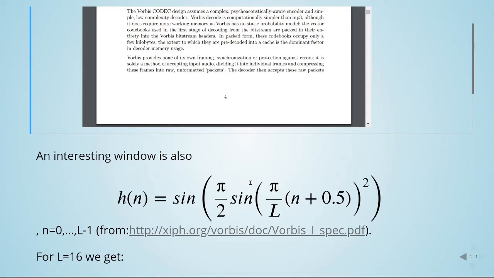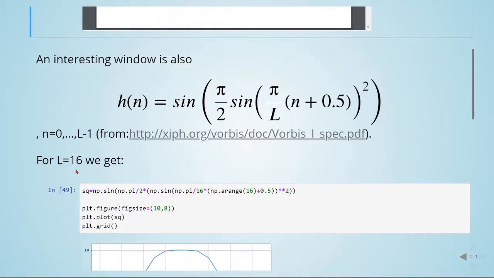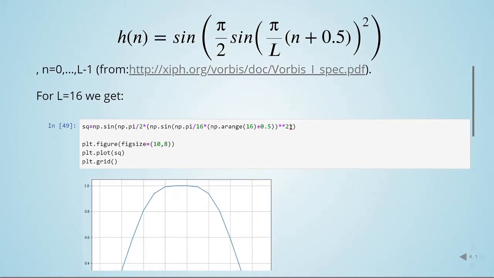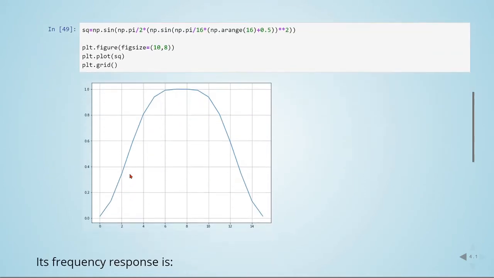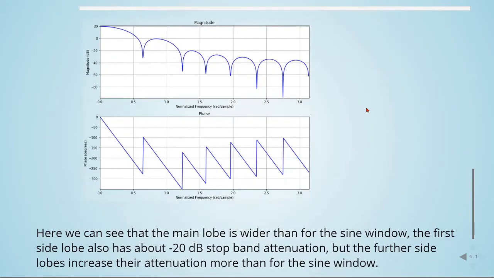So we have this squared sine, and for L equals 16, an example with even length for the window, we're defining this equation, and we have this kind of shape, and the frequency response is given here. Here we can see that the main lobe is wider when compared to the sine window.